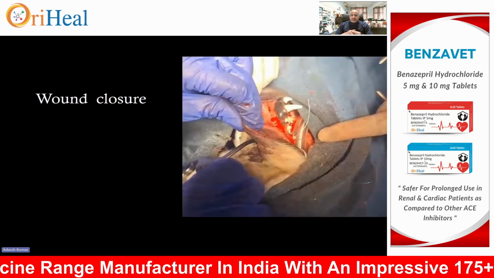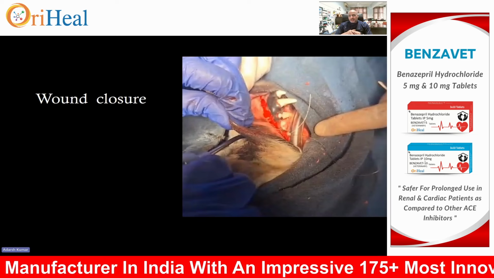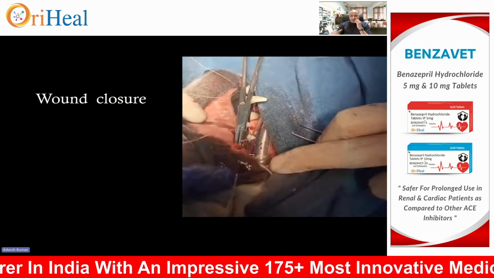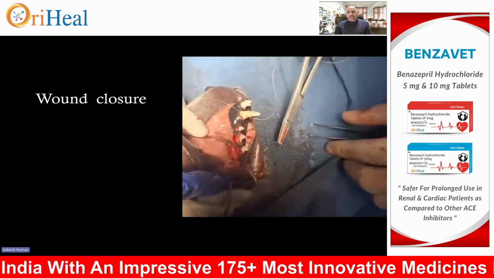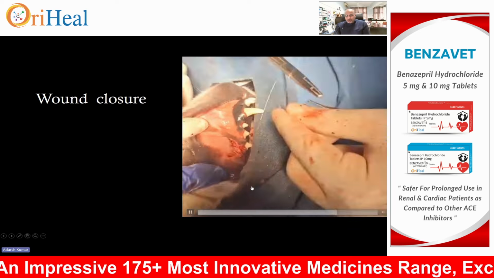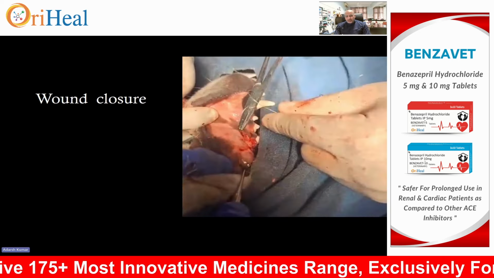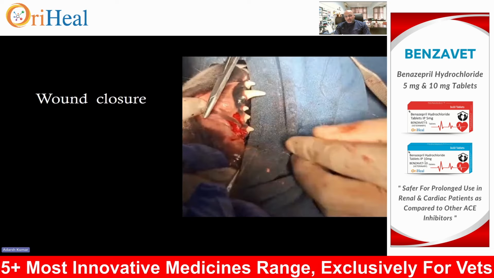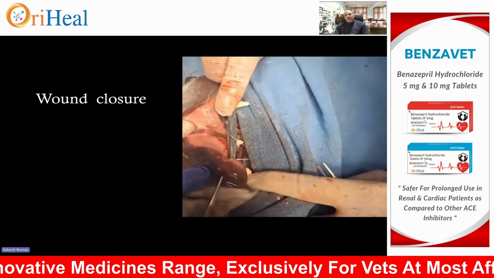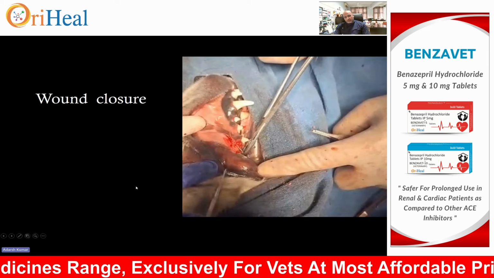Try to loosen the flap so that there is no pressure, because if there is pressure, the alveolar prominences can break the flap open. Don't use continuous sutures; use individual knots. If you apply a continuous suture, once one knot opens, the whole suture line becomes unstable.